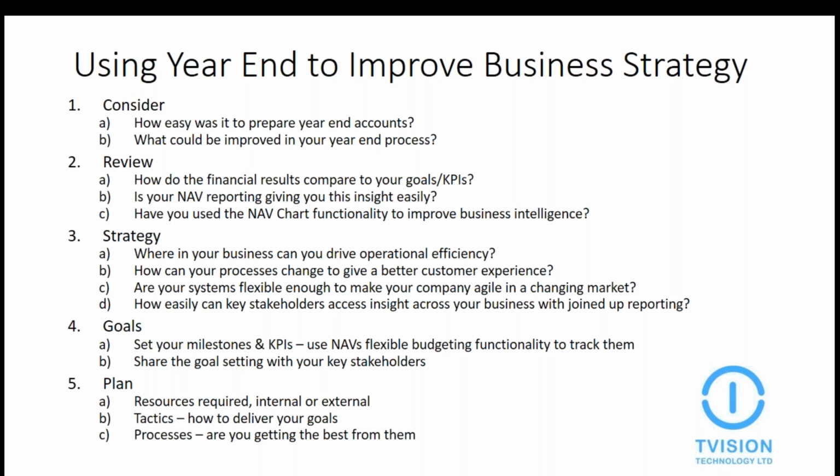How do your results compare to your goals, and was it easy to produce those KPIs, and what type of analysis did you use? So when it comes to looking at your strategy, where can you derive operational efficiencies? Are your current systems able to cope now, and are they scalable for the future? Do your key stakeholders have access to the relevant reports, and how easy is it for them to actually get hold of them?